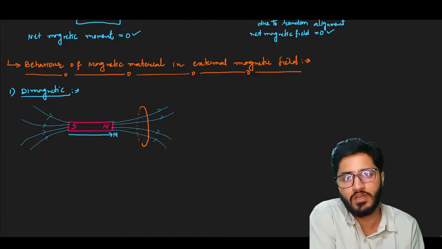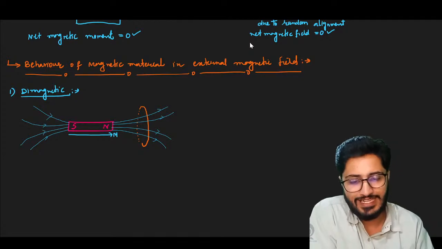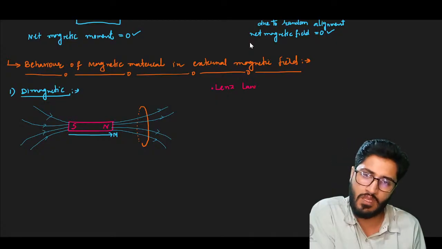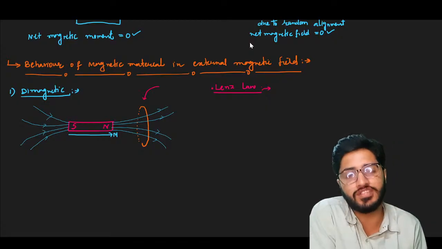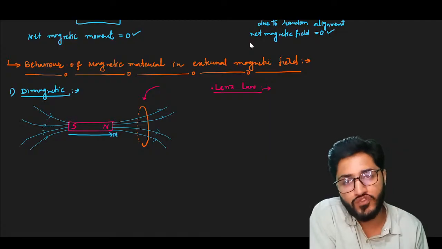Now here we have a property that we know, Lenz's law. We stated that this loop will create an induced field.